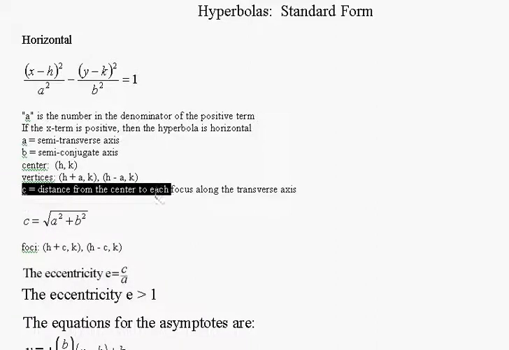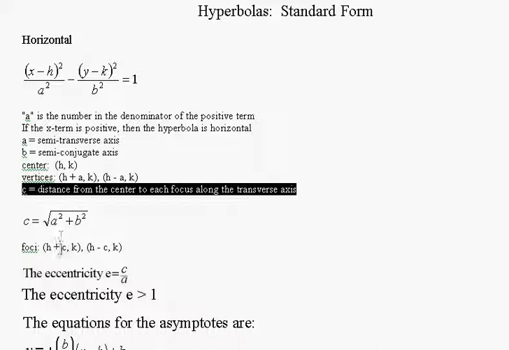C, the distance from the center to each focus, well, that's going to go left and right also because this is a horizontal hyperbola. And this is different too. We're going to add the denominators together and then square root it. In an ellipse, remember, we subtracted large minus small denominator and square rooted. So we're adding them.